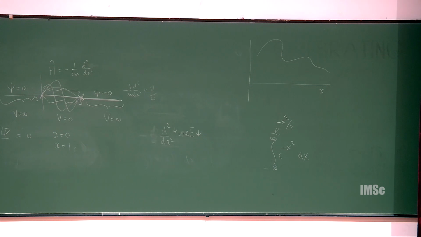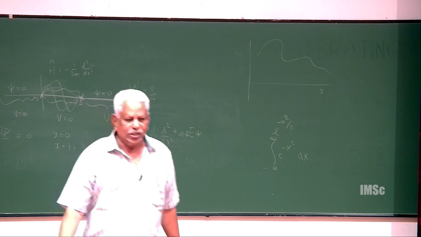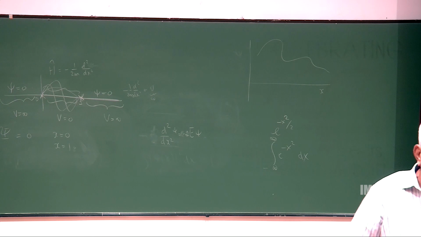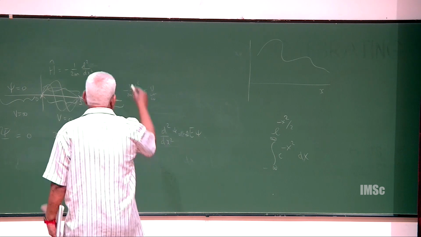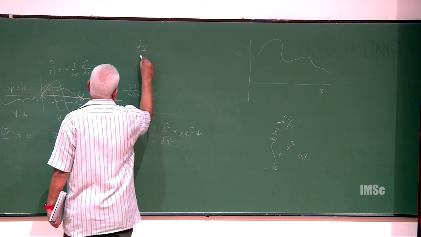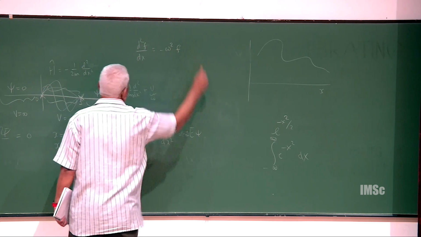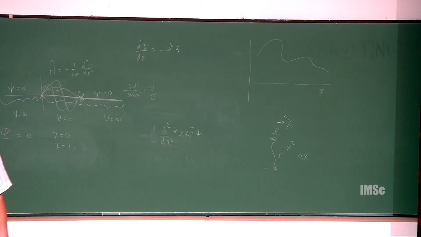The solution is, because it is like your harmonic oscillator problem. Harmonic oscillator: d square psi by dx square is some constant times minus the same function. If you have some function of this kind, d square f by dx square is minus omega square f, the solution is sin omega x and cos omega x.